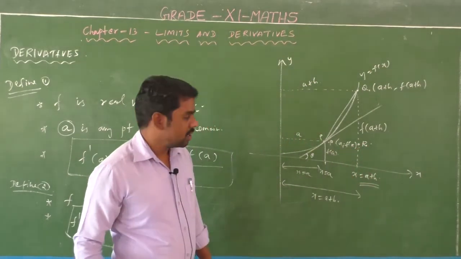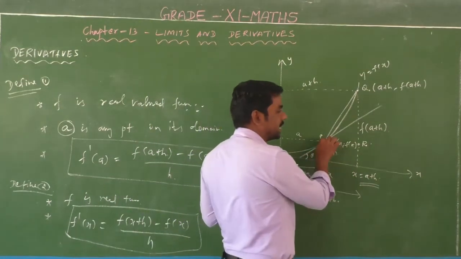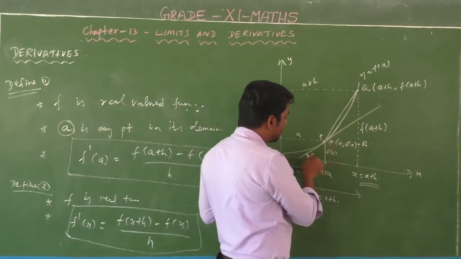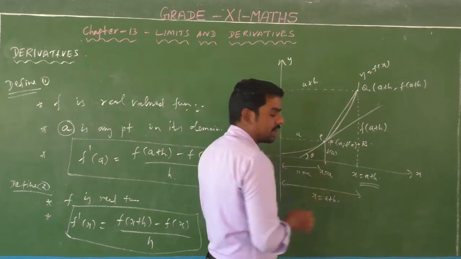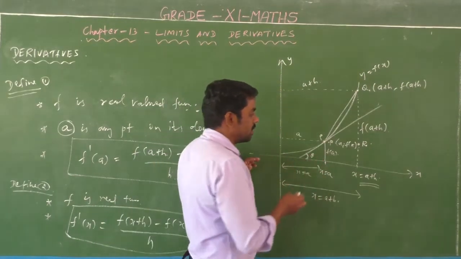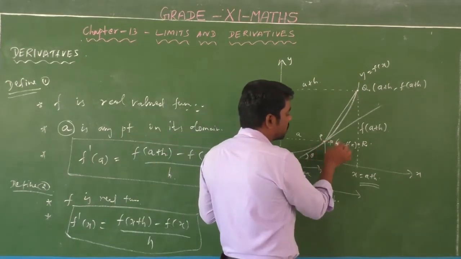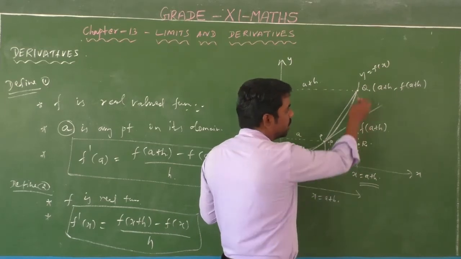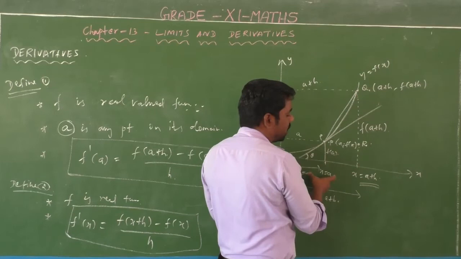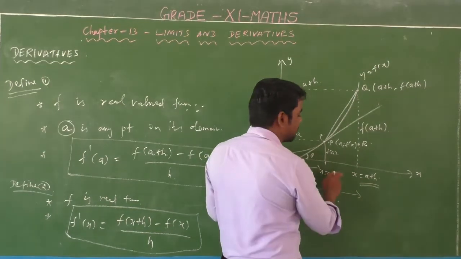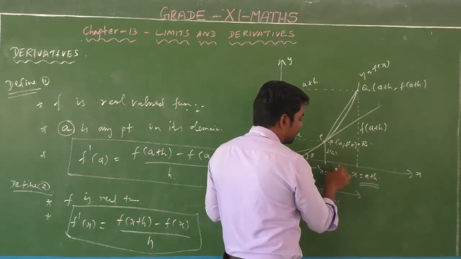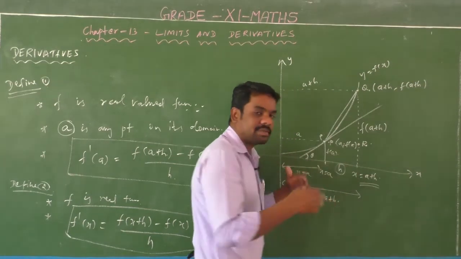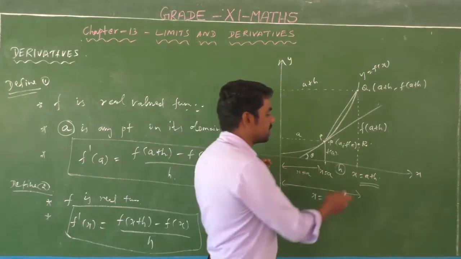Listen students, at point P we draw the tangent. Here the angle is theta. At point P the coordinate is a comma f of a, and at point Q the value of x increases by h, that means x plus h. This distance is h, so the measurement h increases. When it increases, x equals a plus h.